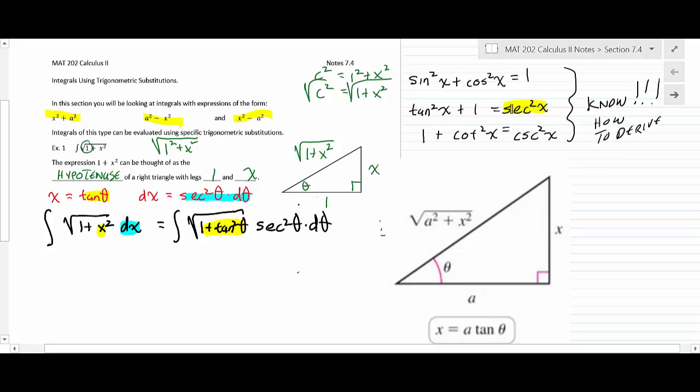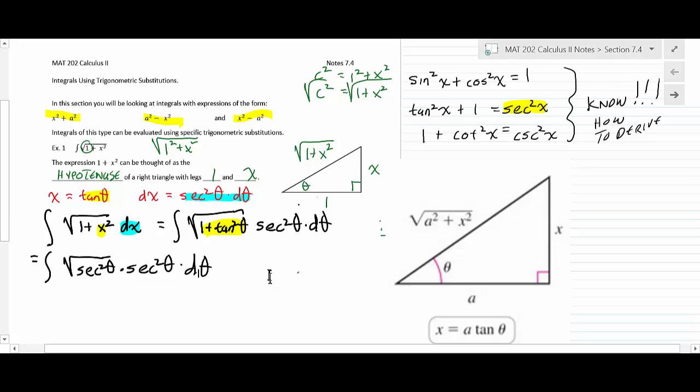So we transformed this into a situation where you can apply one of these identities. So the next thing I'm going to do is replace this thing with the secant. So I'm going to end up with the square root of the secant squared of theta times secant squared of theta times d theta, like that.